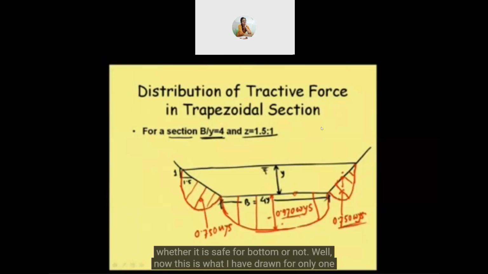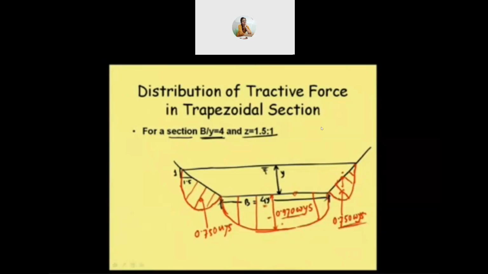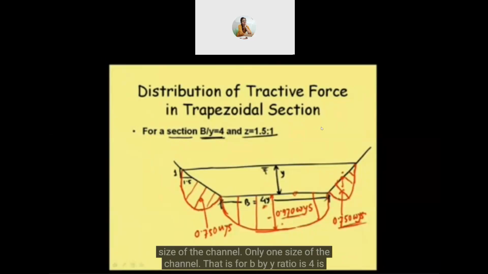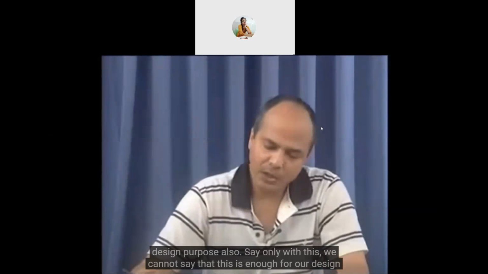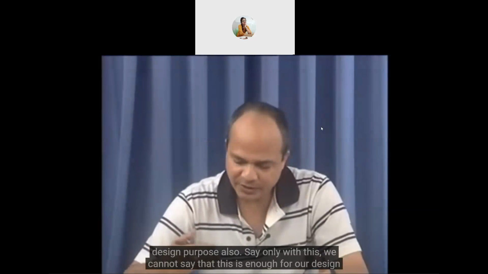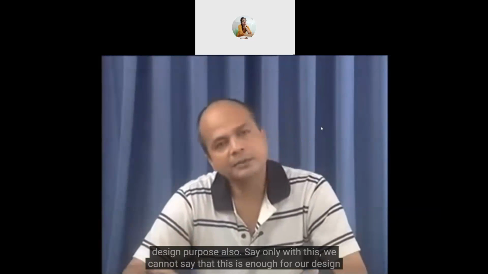Well, now this is what I have drawn for only one size of the channel, that is, where B by Y ratio is 4:1. But the channel, they conducted experiments for different sizes, and for our actual design purpose also, we cannot say that this alone is enough for our design purpose.